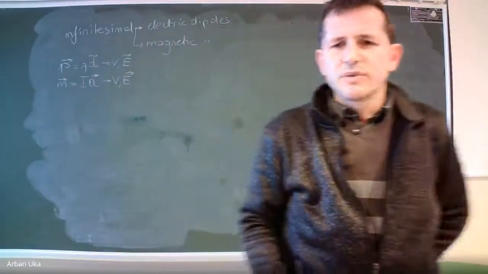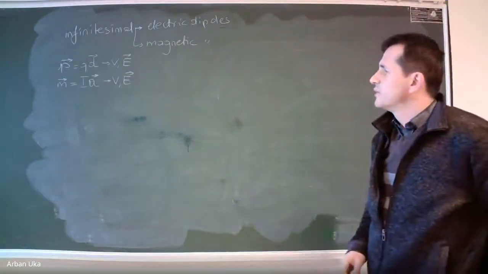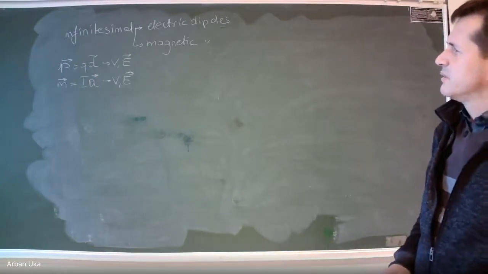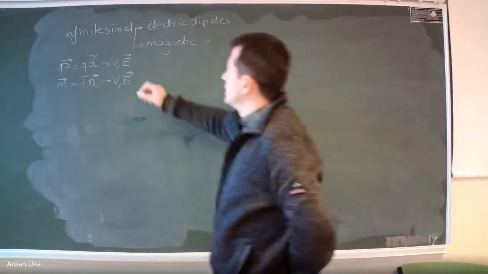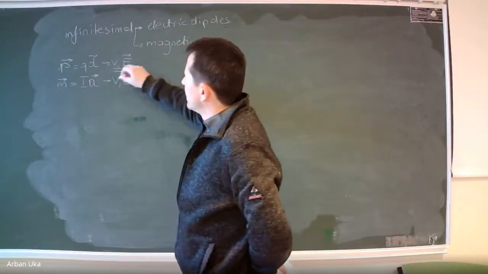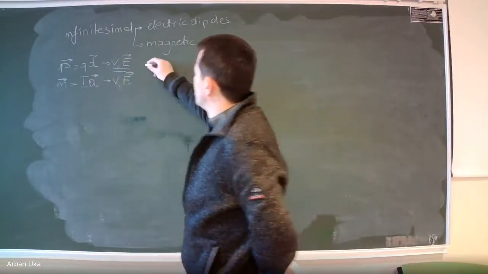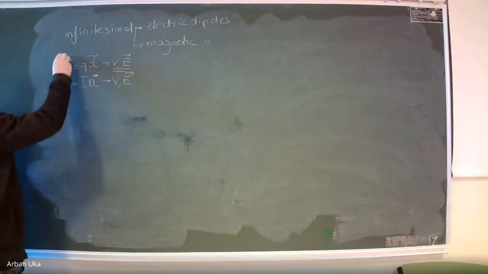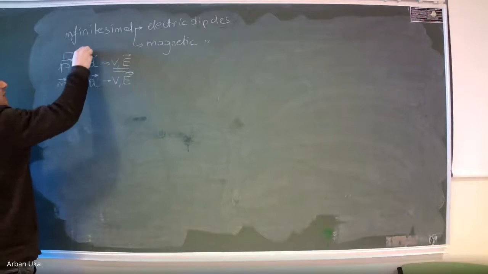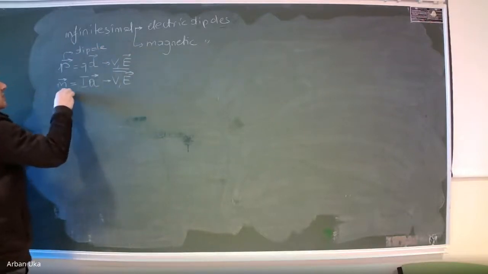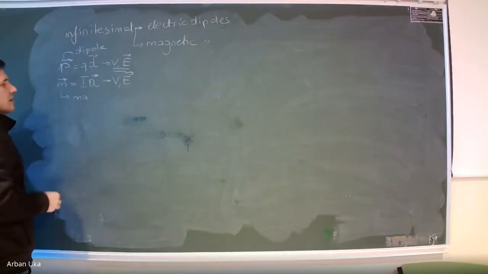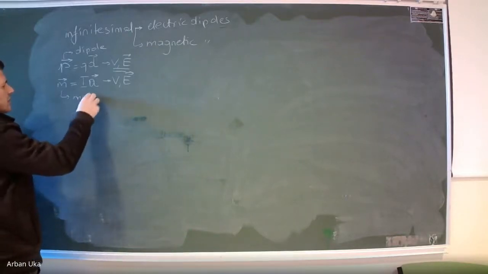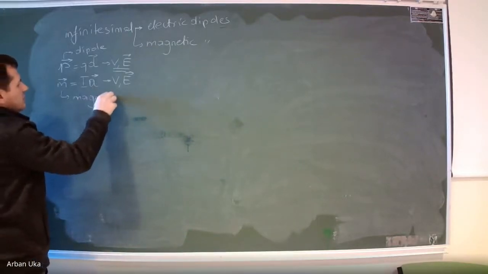And these two expressions were pretty much equivalent with respect to each other, other than the fact that wherever in these two expressions we had the P, it was substituted for the M. So this is the dipole moment. This was the magnetization. What did we call this one? Magnetic moment, I think, a magnetic moment.